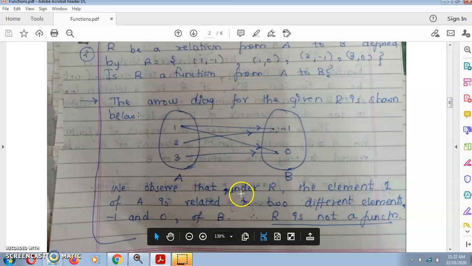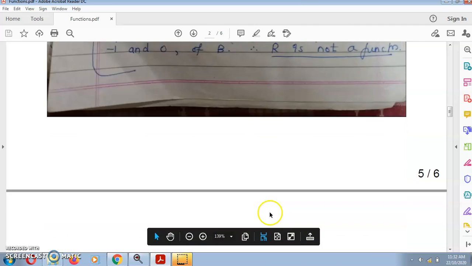So we observe that under R the element 1 of A is related to two different elements of B, that is -1 and 0. So here 1 is related to -1 and 1 is related to 0. For this reason R is not a function.